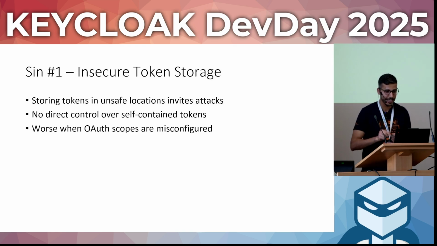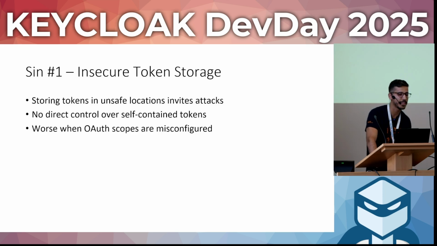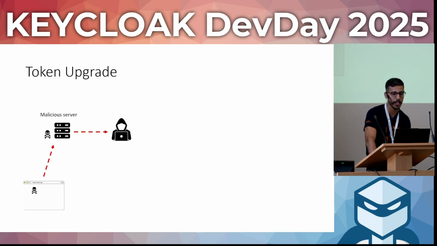And this is even worse when you have misconfigured or permissive OAuth scopes that can be exploited to perform privilege escalation. One possible attack we notice in this particular case is what we call token upgrade.